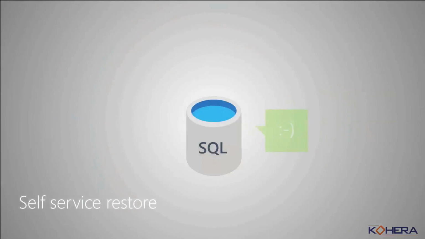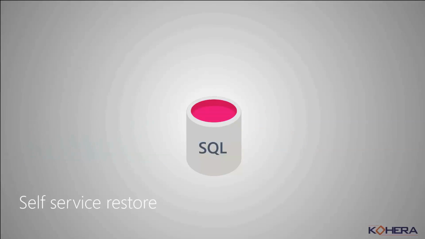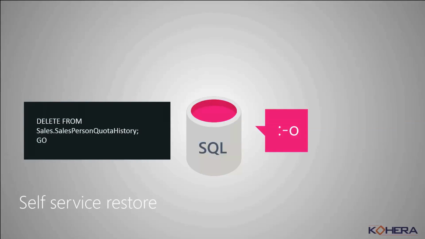Now, for SQL Server databases in Azure, there's actually a full backup mechanism already in place, which happens automatically from the moment you enable a database in Azure. So what happens there, if you get this oops moment on a Monday morning, and you delete all the salesperson quota history from the sales table, well, you forget to put the where statement, well, that's an oops moment, right?